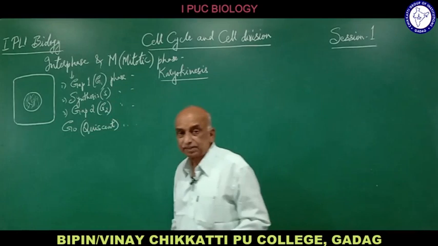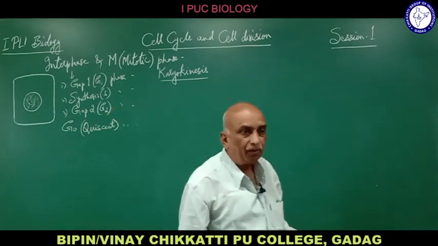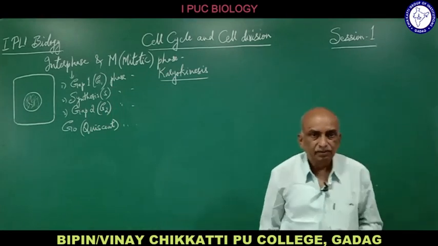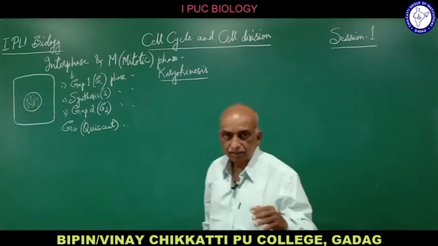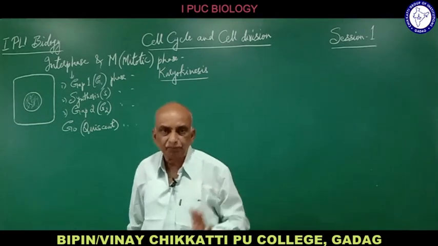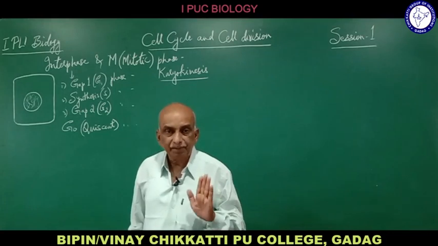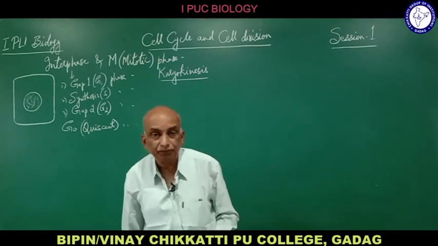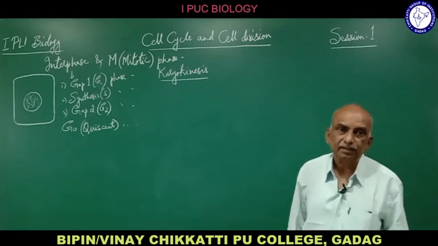Under interphase, the G0 phase may or may not occur. Interphase means G1 phase, S phase, G2 phase. After that there is the M phase, but sometimes the cell will remain metabolically active, and only if there is a need for division will it divide.